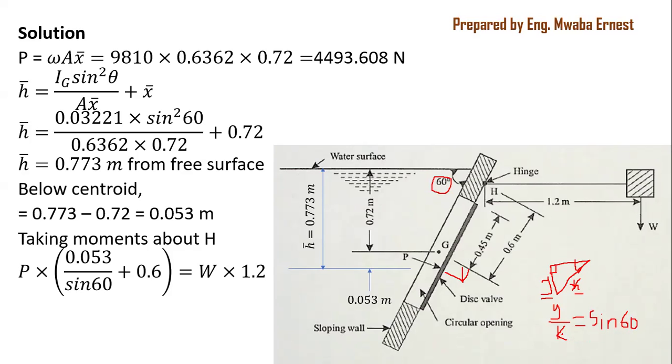We're looking for k, so k is y over sine 60. Meanwhile, y is 0.053, divided by sine 60. To get the full perpendicular distance, we have to add this 0.6 to the ratio we have just found. So this completes the perpendicular distance that we are trying to get.